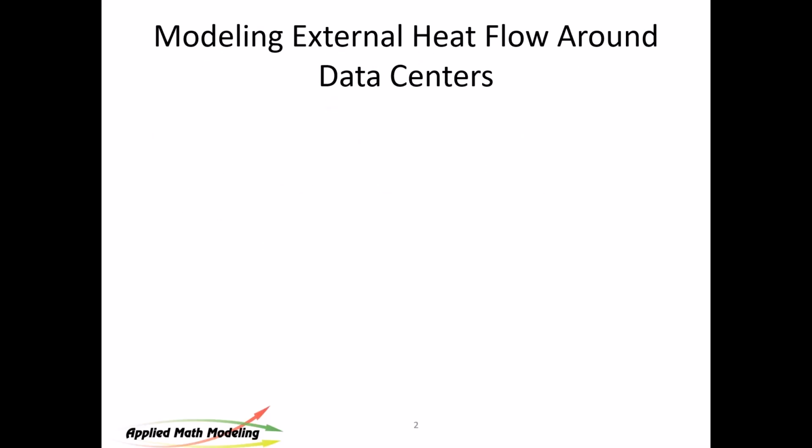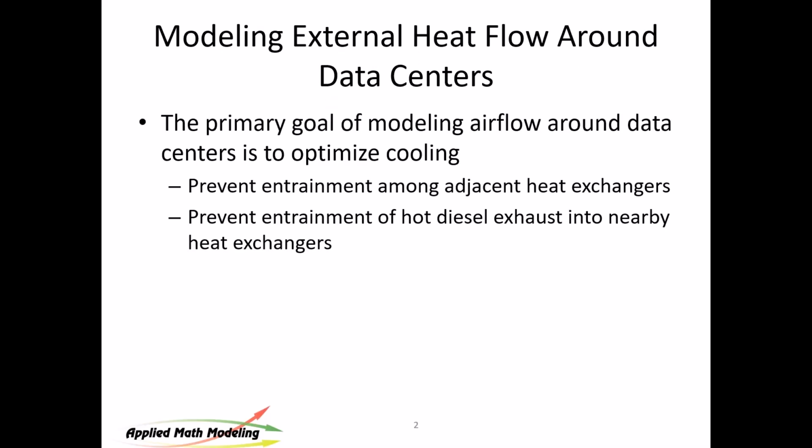So let's talk about modeling external heat. We've done a fairly good job inside the data center over the past 20 years. Things like hot aisle, cold aisle, containment, and variable speed fans have all contributed to the goal of getting the heat out of the building, out of the room. However, it's now outside. You've got a bunch of heat outside.